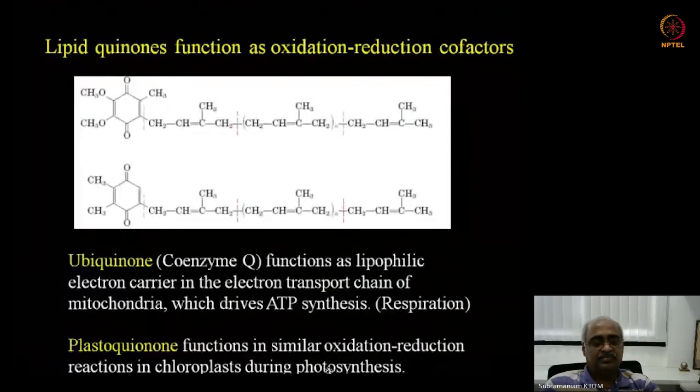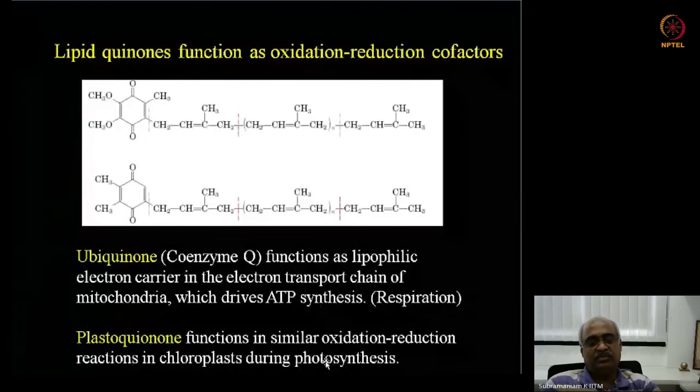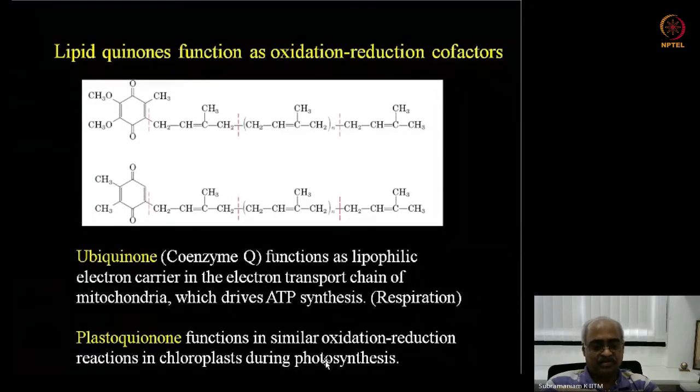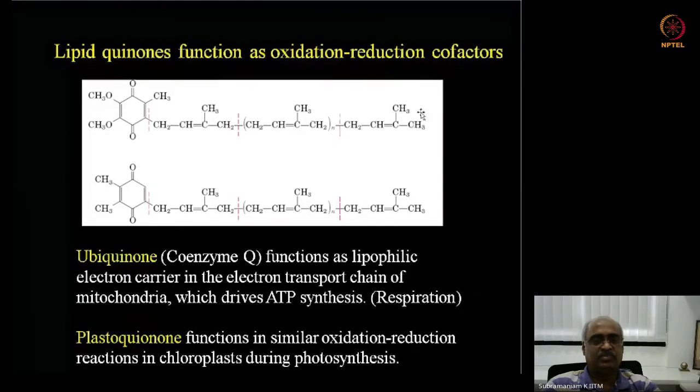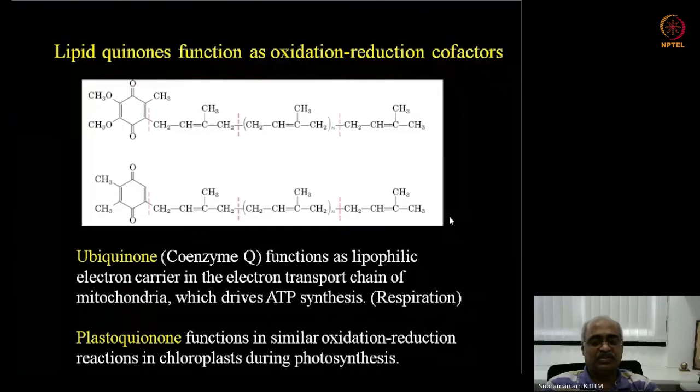In that process again, there are complexes on the membrane in the chloroplast that transfer the electrons, and between the complexes on the membrane, in the lipid phase, these plastoquinones help in transferring the electrons. And these are the structures. So these are the lipid quinones. These are important for oxidation-reduction reactions. Since they help in transfer, we call them cofactors.